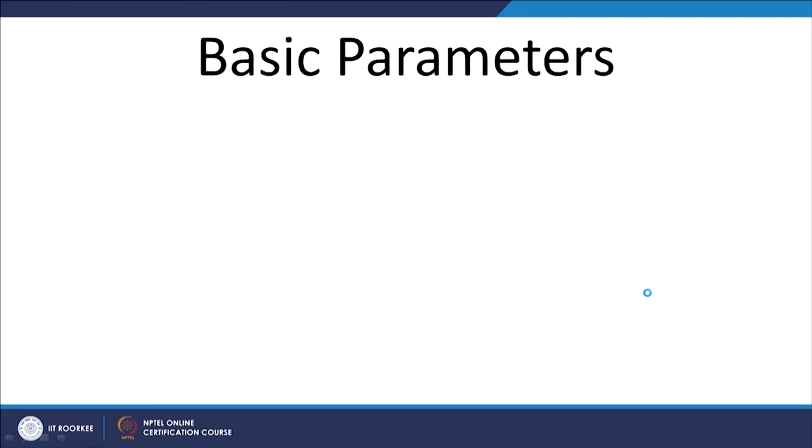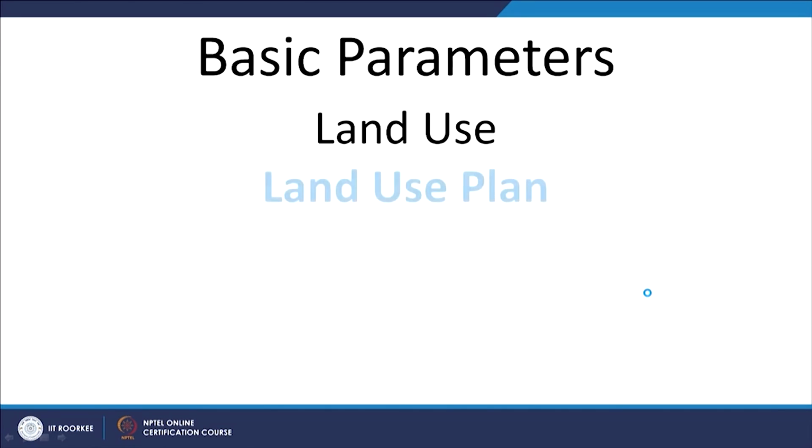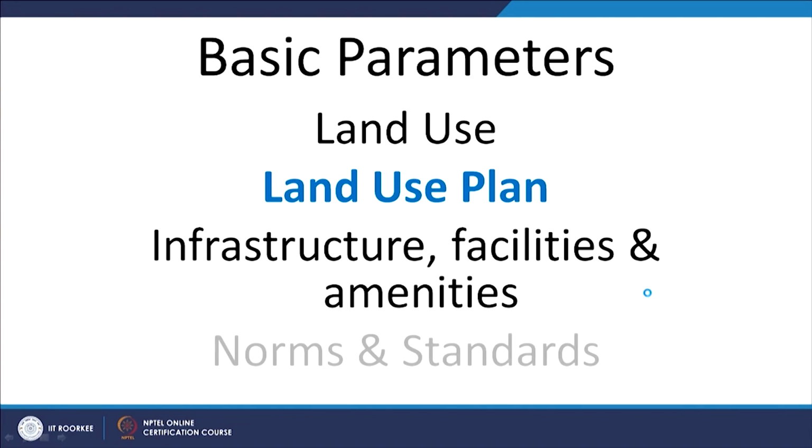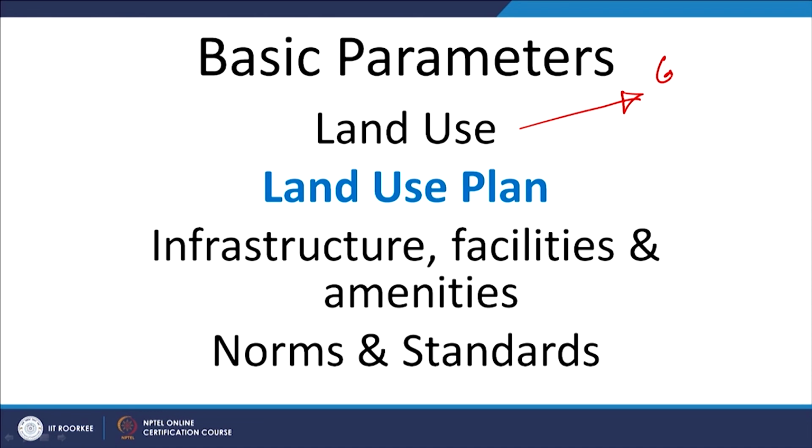Now, within this framework there are a few parameters which we discuss. First is land use, then land use plan, infrastructure, facilities, amenities and norms and standards. In some earlier discussion we already discussed land use, where we discussed gross land use and net land use.